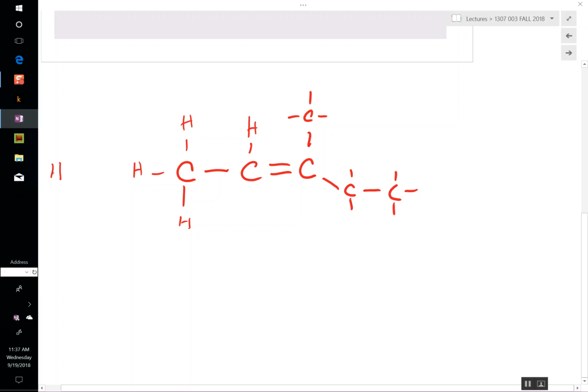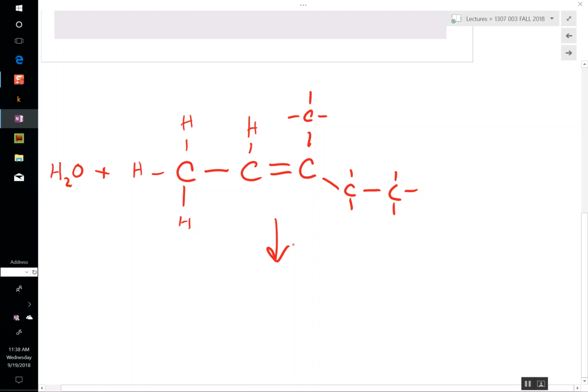Okay. Now, give me the major product of the reaction of water with that molecule. What is going to be the major product? Go ahead and draw it.